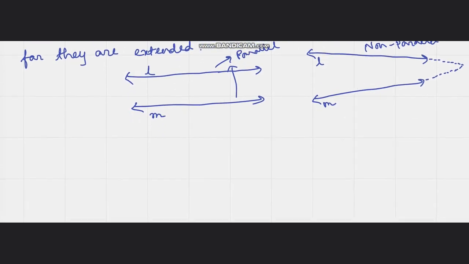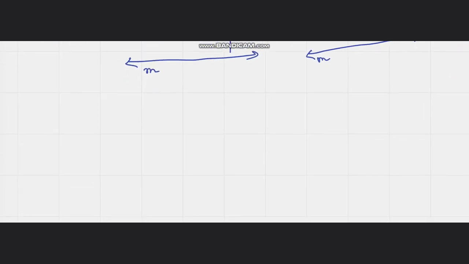Now there is another type of line that is called concurrent lines. So what are concurrent lines?